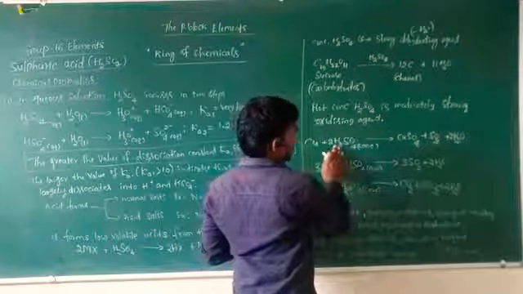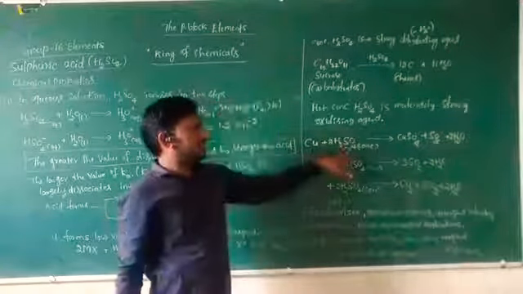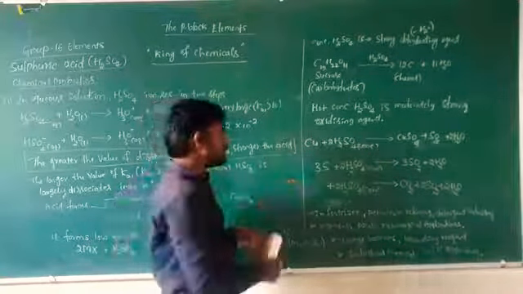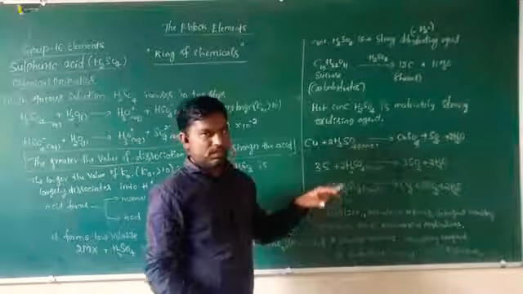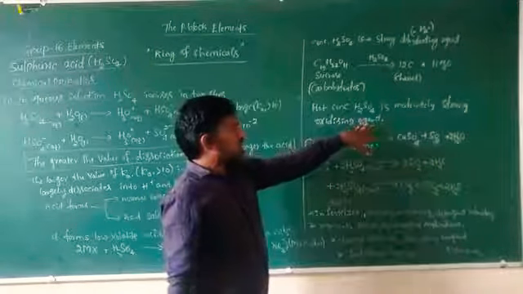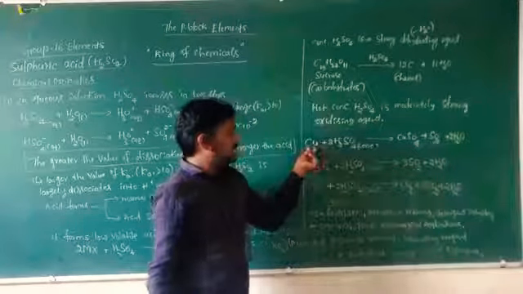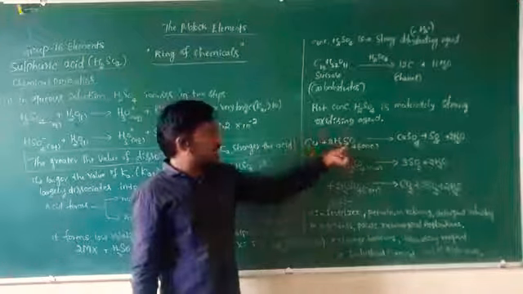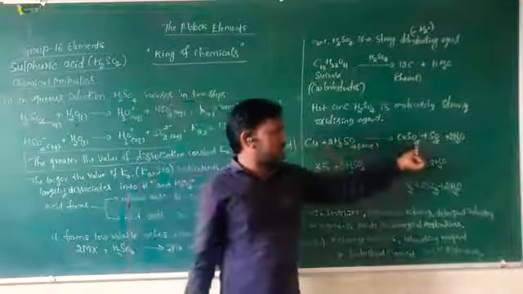Here the hydrogen combines with oxygen to form water, and sulfate converts into SO2. It indicates that it is an oxidizing agent, because here the metal doesn't have any oxygen. Copper is oxidized by sulfuric acid and converts into copper sulfate.